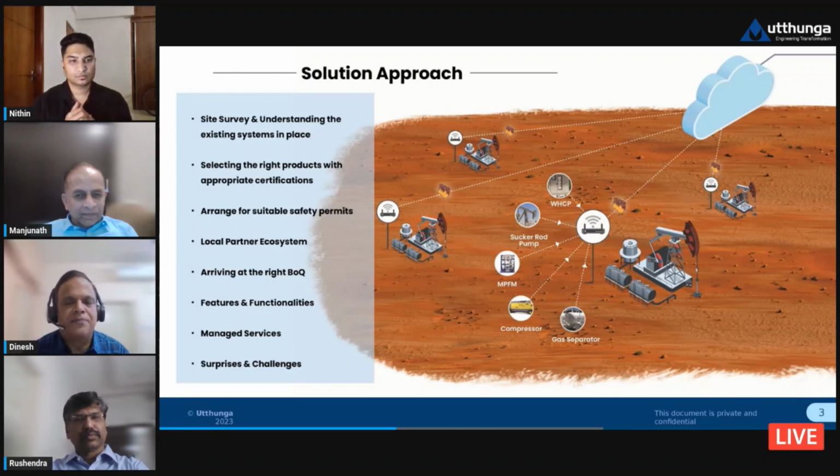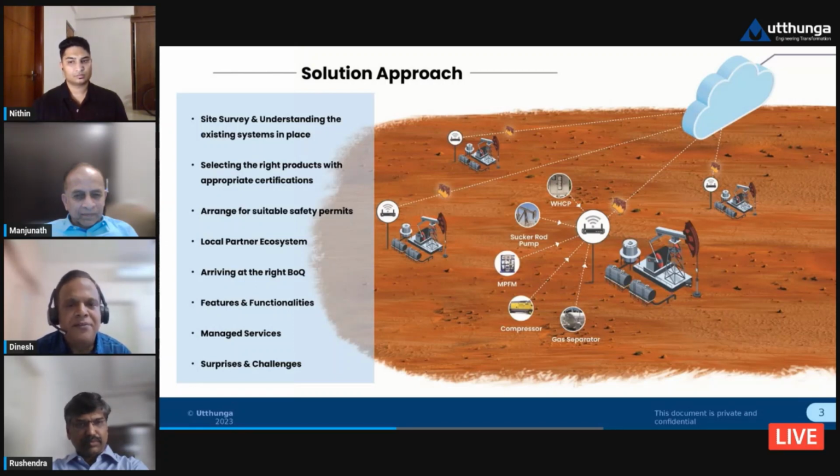So all this was offered in the application, and then it had notifications, alarms, and reports, which gave the required timely, periodic, on-demand insights for the user to manage these wells remotely from a centralized location.